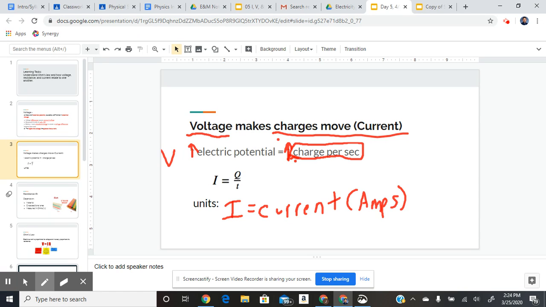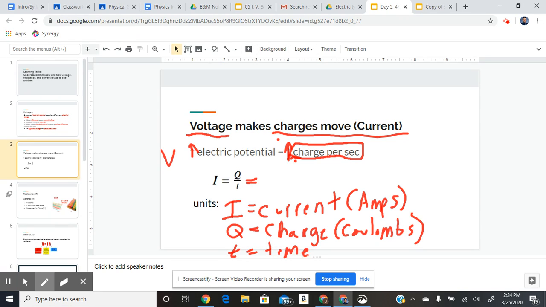And the reason you can call it that is because of what we're taking here. We're taking Q, which is charge, and remember, we measure charge in coulombs. And then we have T, which is time, and we measure that in seconds.